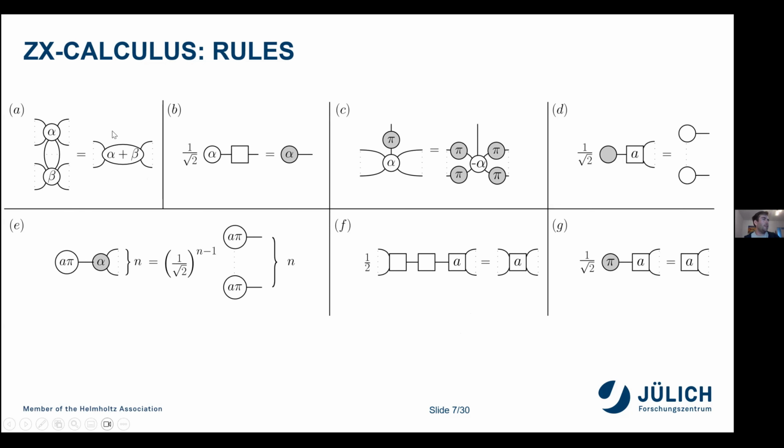Let me just say that this here is the fusion rule. That means that you can fuse spiders of the same color and add the entry. This here tells us that the H box will change the color of a spider. And here in F, I show the H box fusion rule. This will be important for cutting the multi-control Z gate.